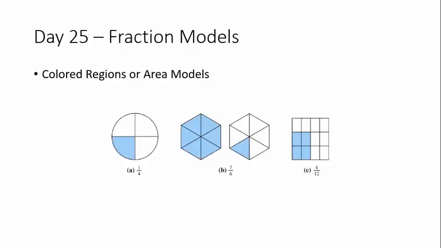Notice that the parts are all equal size. One part is colored. The circle is the unit. The circle has been divided into equal parts. One of those units is colored. This represents 1/4.